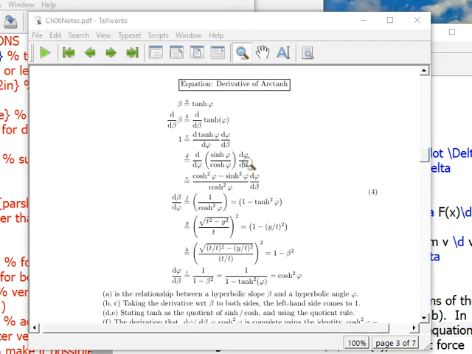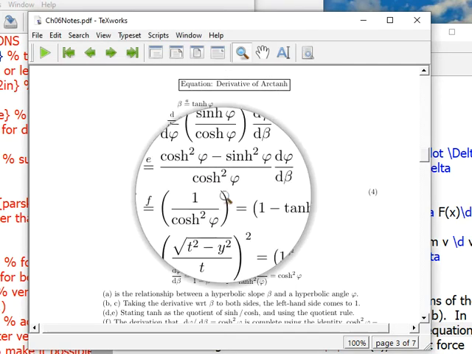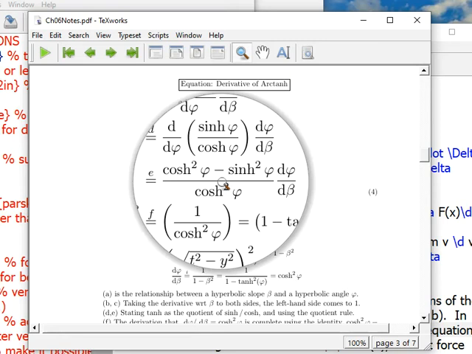We work this out with the quotient rule, and then we can simplify this term, cosh squared phi minus sinh squared phi over cosh squared phi.